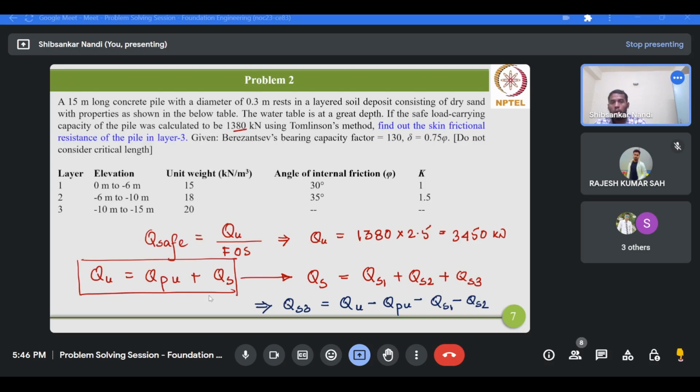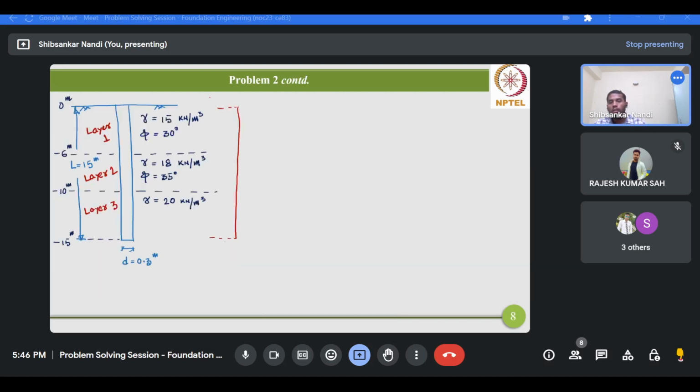For this problem we need not consider the critical length. So we'll calculate the effective overburden in the conventional manner. We'll not restrict the overburden pressure up to the critical length and then make it constant. That concept we will not implement here.